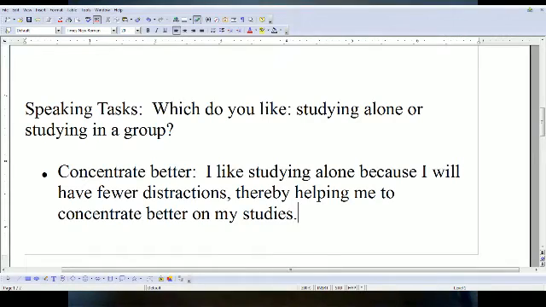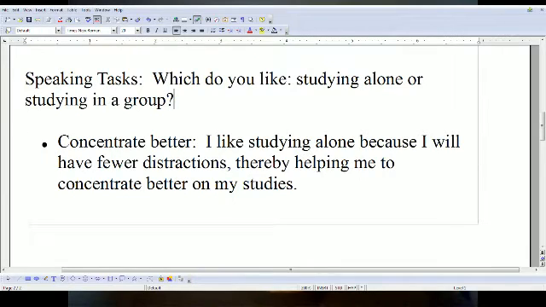So you say, I like studying alone because I'll have fewer attractions, thereby helping me to concentrate better on my studies. So let's say that you say this sentence here, right?